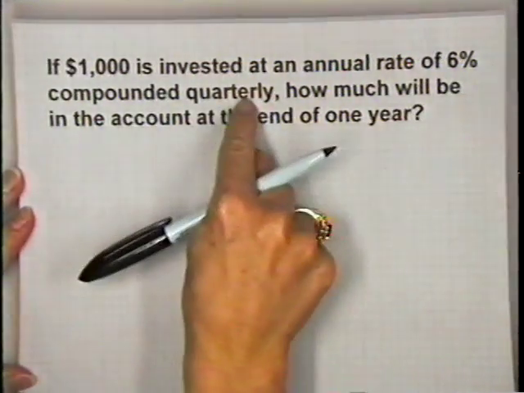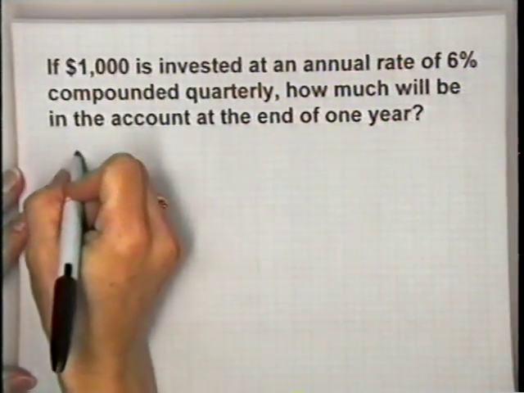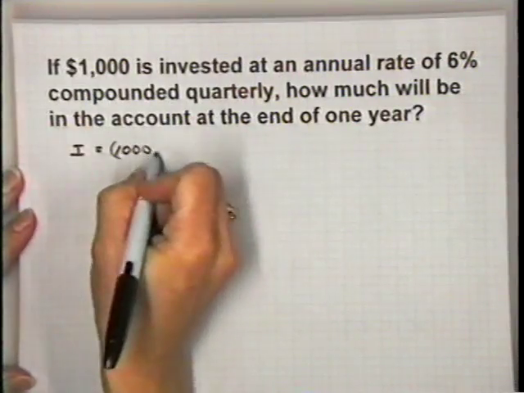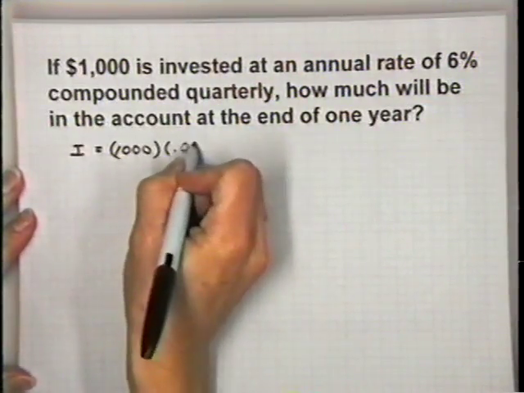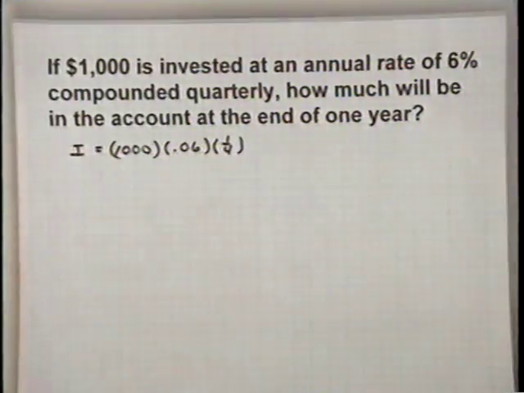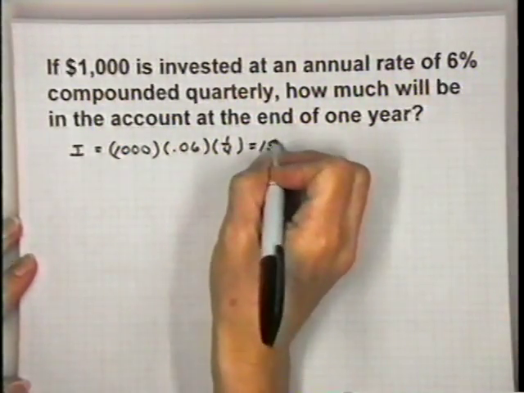So if this is compounded quarterly, they're going to pay my interest 4 times, aren't they? So let's do interest for that first period. We're going to have $1,000 times our 6% as a decimal, 0.06, times 1/4 of a year. I'm just going to pick up my calculator to do that calculation right quick. 1,000 times 0.06, and then we're going to divide that by 4, and that gives me $15 worth of interest.